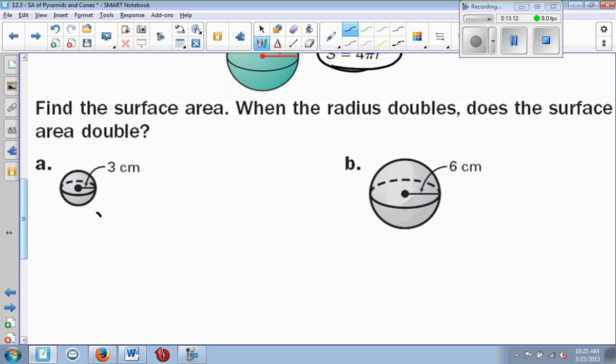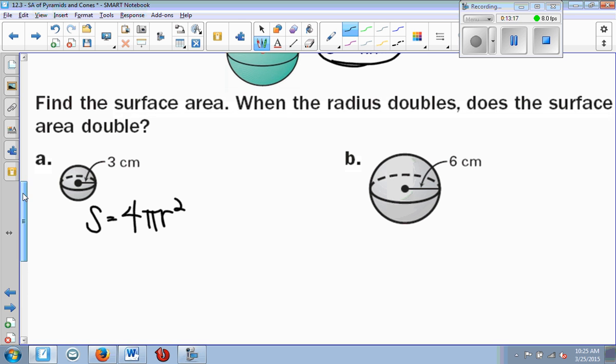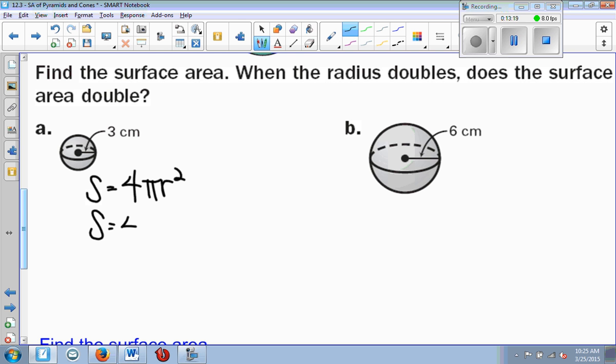So I know that the radius of the ball is 3 here. So it's as easy as just plugging 3 in for the radius in the formula. So 4 pi times 3 squared is going to give me a surface area of 113.1. And we would be in centimeters squared.